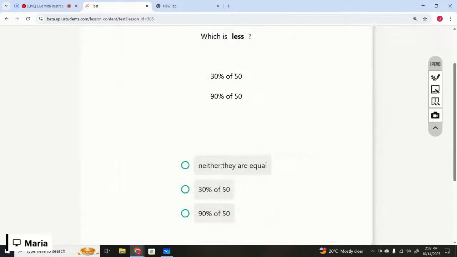Which is less, 30% of 50 or 90% of 50? 30% of 50 is less than 90% of 50. Option number 2 is the correct option.